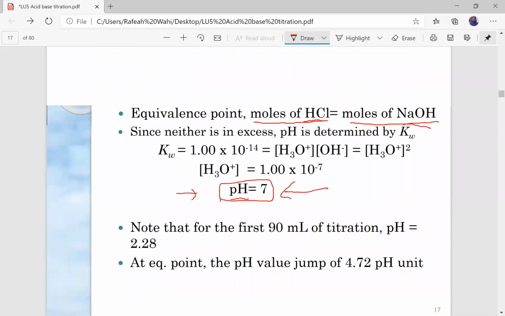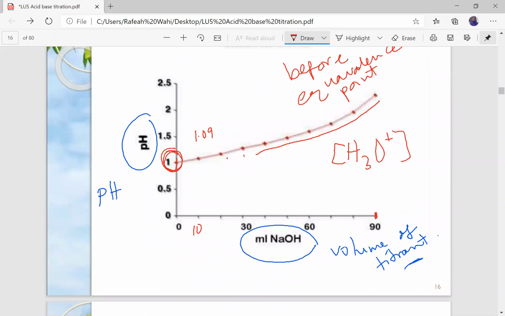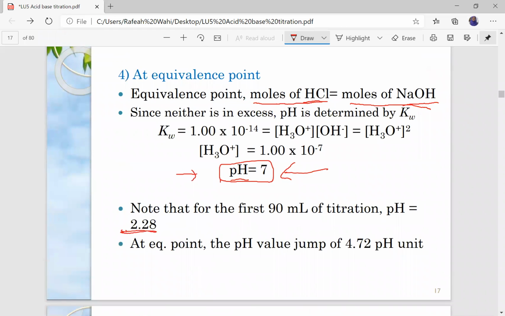If you look at the curve just now, at 90 ml you have pH 2.28. But at the equivalence point, the pH value jumps up 4.72 pH units to pH 7. This is how much the pH has changed, because the pH at the equivalence point is 7.